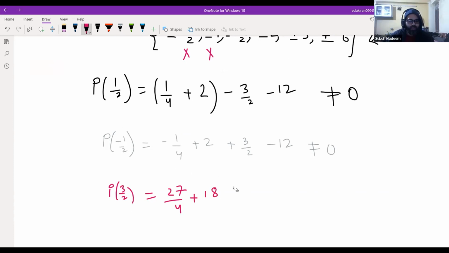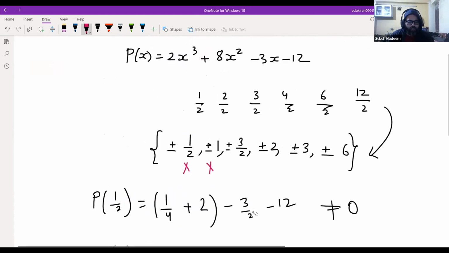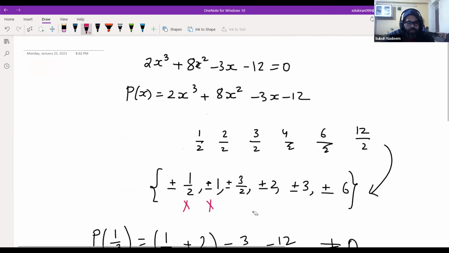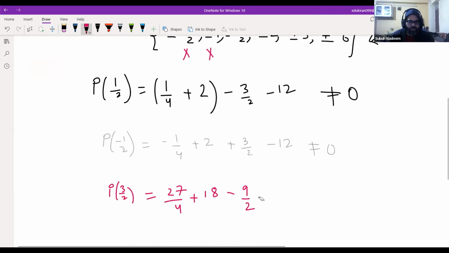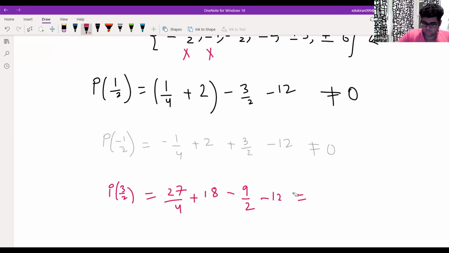And then it will be minus 3x, so minus 9 by 2. And this is minus 12. So none of these are roots, I think. Even 2 is not a root.